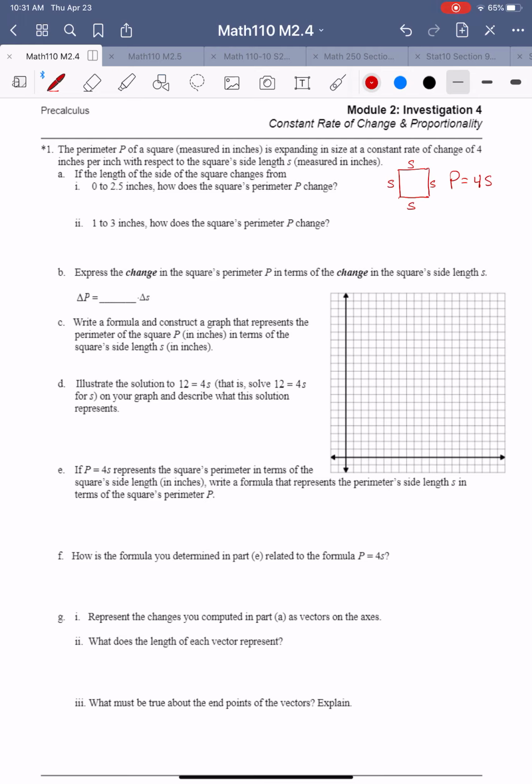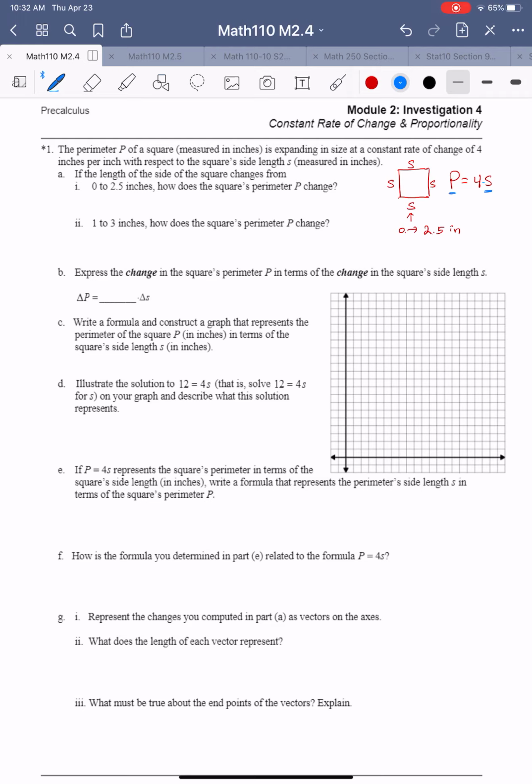If the length of the side of the square changes from 0 to 2.5 inches, how does the square's perimeter change? As you notice, compared to the side, the perimeter is always 4 times larger, so you just need to multiply by 4.